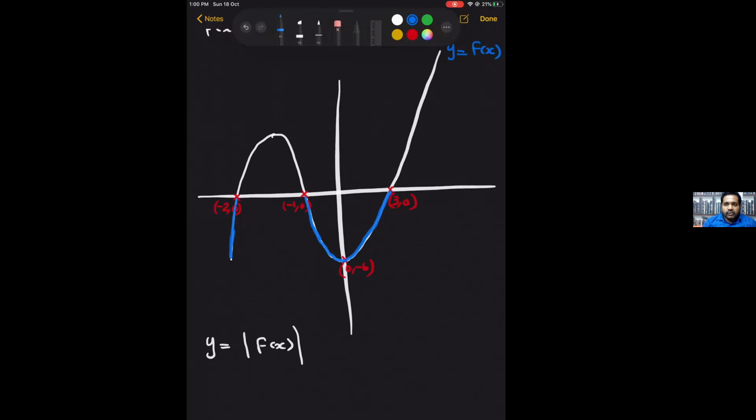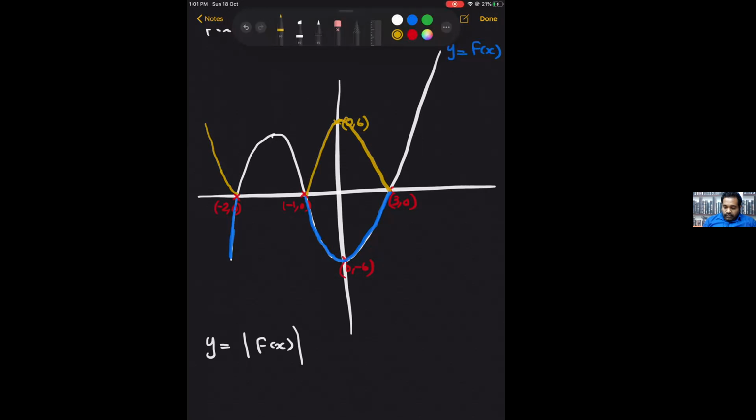How does it look? This is reflecting, and this will definitely be passing through 0, 6. Again this part is reflecting, so this part is something like this, and if I reflect it, it looks like this.